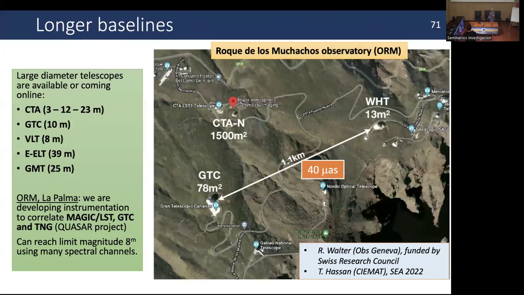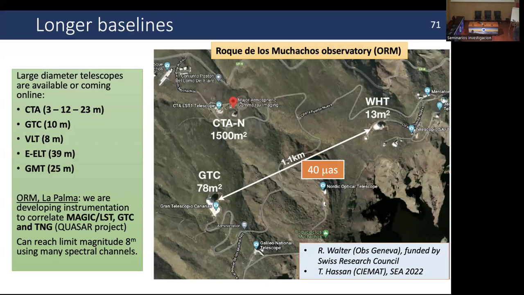For instance, we've been thinking on this, obviously, and there's at least one telescope that has more or less the same size as our telescopes, the GTC, 10 meters. Remember that MAGIC is already 17 meters. So GTC is at a baseline of order of 500 meters.